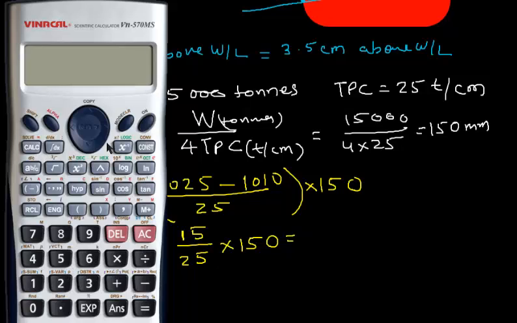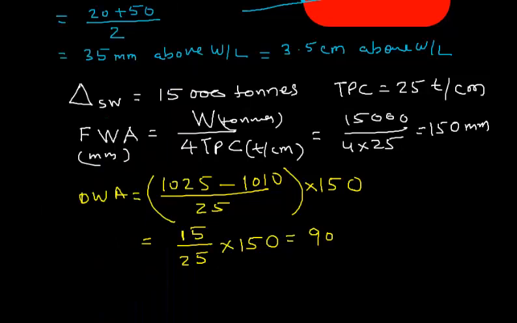Here it is 15 multiplied by 150 divided by 25 is 90 mm, or simply 9 centimeter.